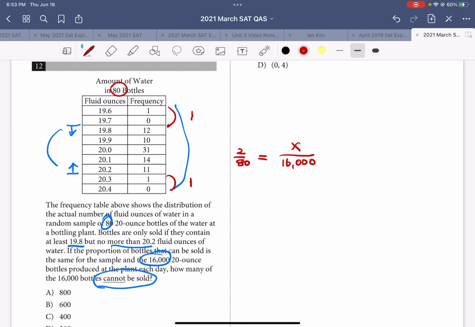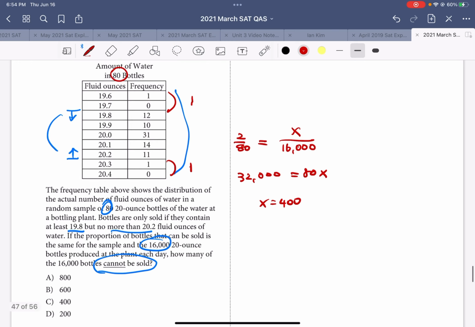So you make a proportion. So 2 out of 80, one more time, cannot be sold based on this description. Then how many bottles cannot be sold out of 16,000? Okay, that's how you set it up. So when you cross multiply, 32,000 equals 80x. So x is 400. Okay, so answer is C.